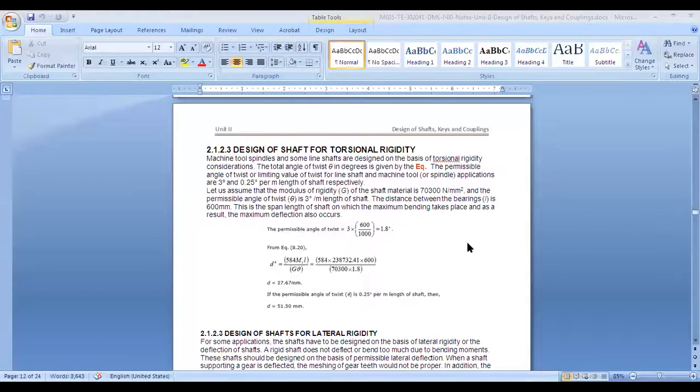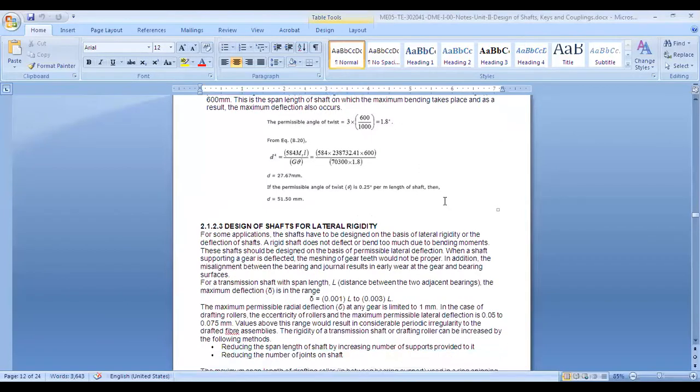Okay, guys. So we have seen now how to do the torsional design. Does anybody have any doubts or questions here? That completes the design of a shaft on the torsional rigidity basis. We completed that part, and we'll go ahead now with the design of a hollow shaft.